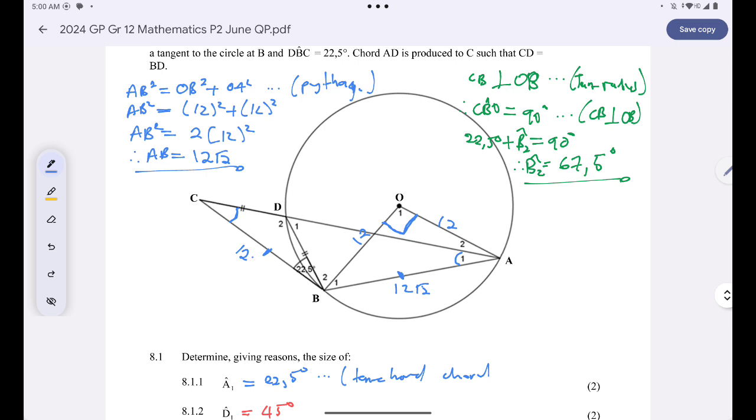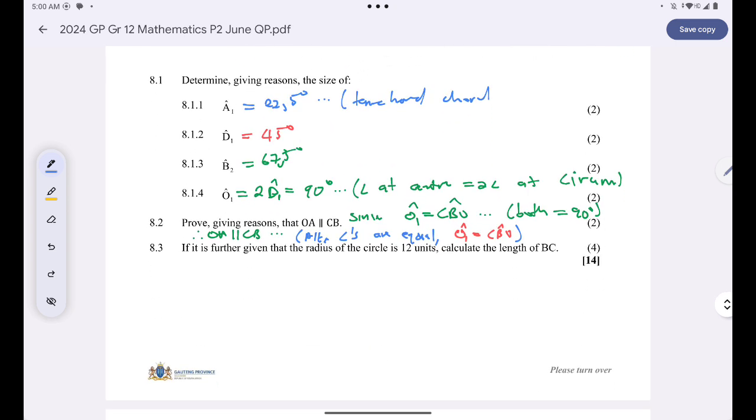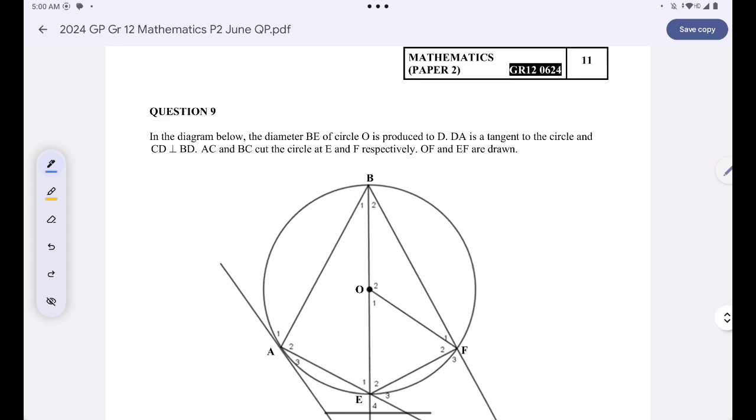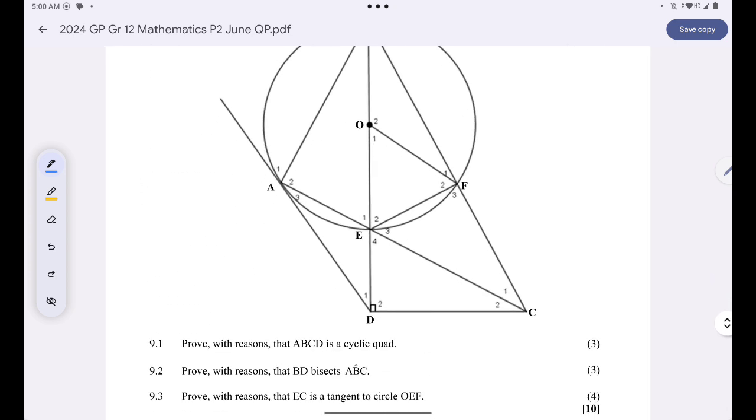That means this side will be 12 times root 2 as well. So therefore the length of BC is 12 times root 2. Okay, now we'll move to question 9.